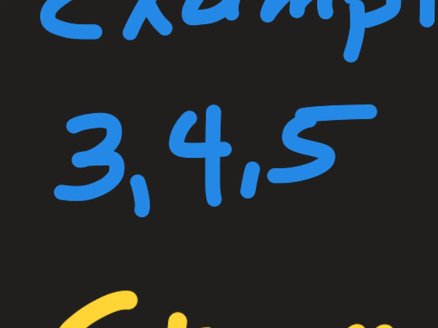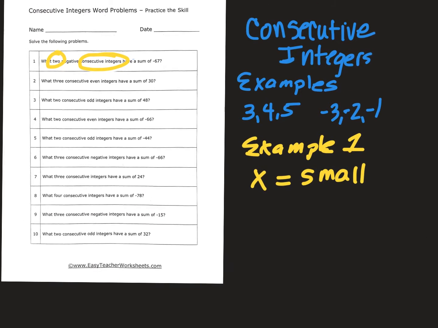So the bigger number is going to be 1 bigger than whatever the smaller number is, because it goes up by 1 every single time. The smaller one is x, and the bigger one is x plus 1.